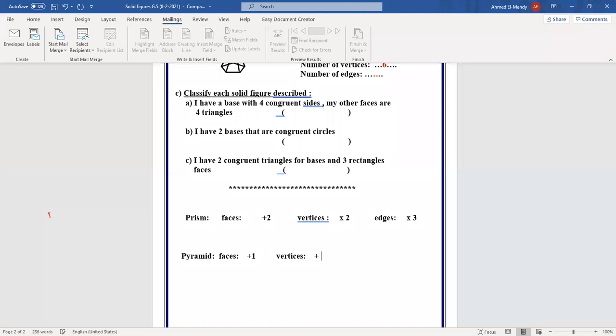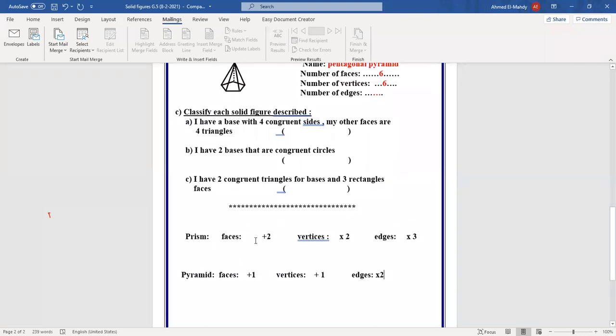To find the number of edges, multiply by 2. Okay, everyone.